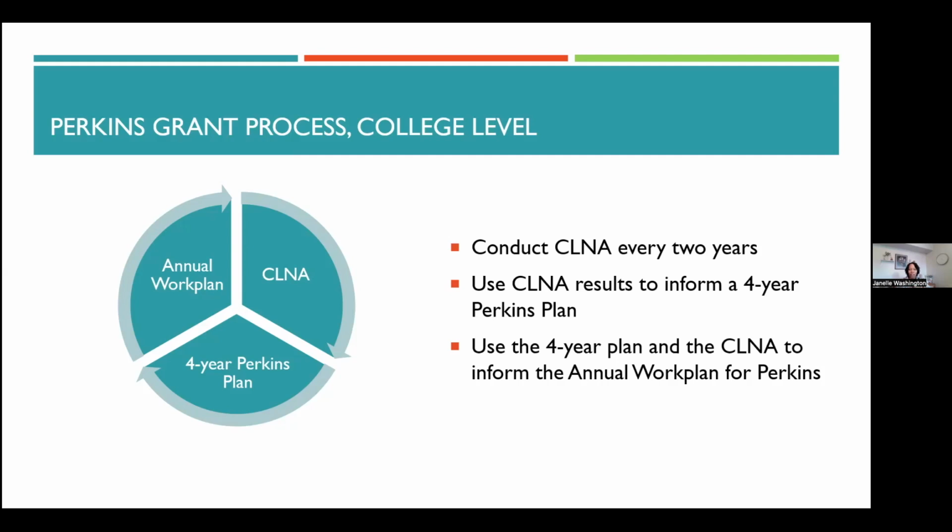So every 4 years, Perkins recipients are required to develop a 4-year local application where they think more strategically about Perkins, and they develop long-term goals that they want to meet over the 4 years, and then annual objectives that they're going to work towards each year to help them meet their long-term goal.